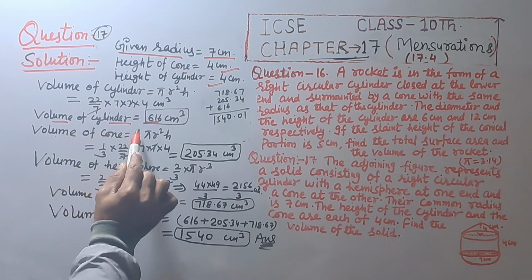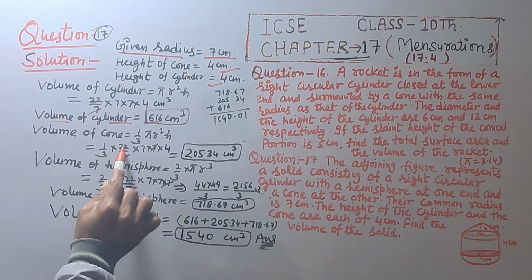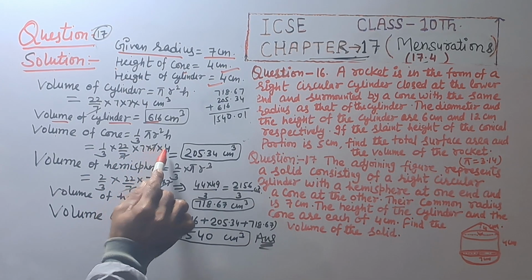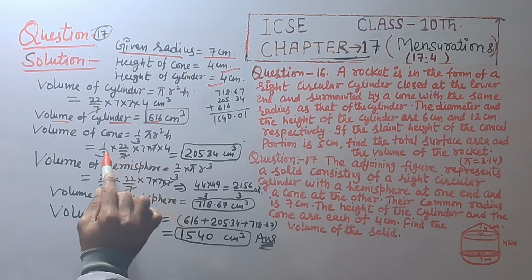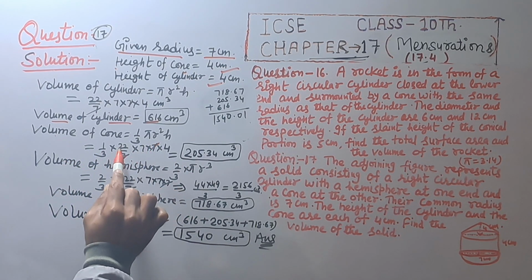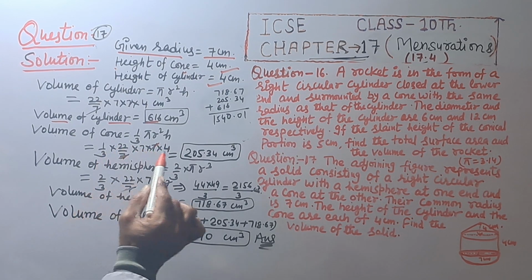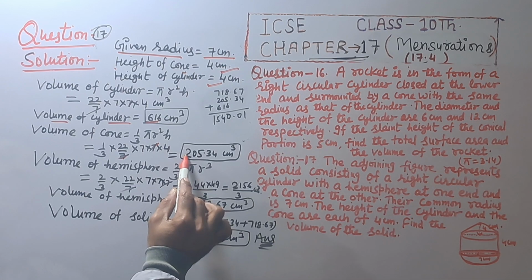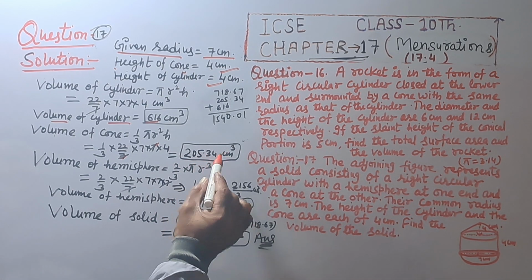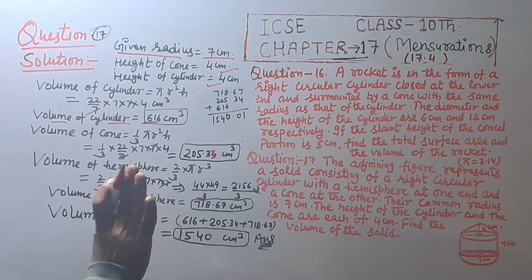And volume of cone is 1 upon 3 pi r square h. 1 upon 3 into pi is 22 upon 7 into radius is 7 into 7 into 4. 7 7 is cancelled and we get 7 fours are 28 into 22 divided by 3, that is 205.34 or 205.3334 centimeter cube approximately.